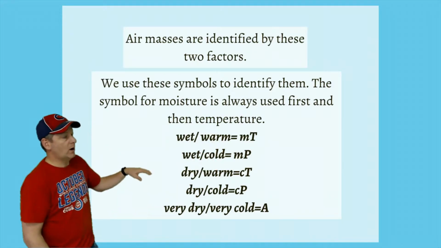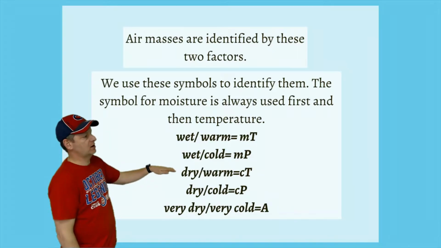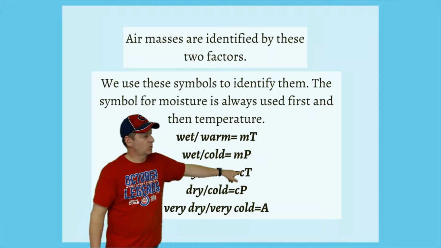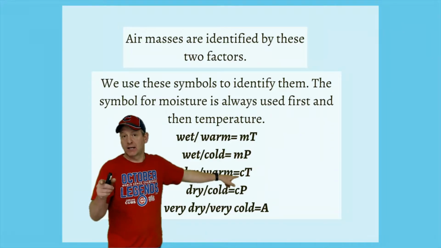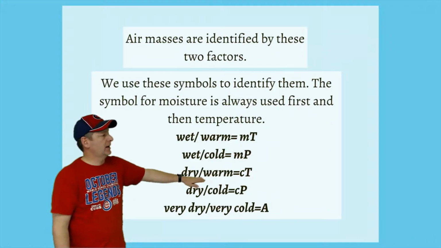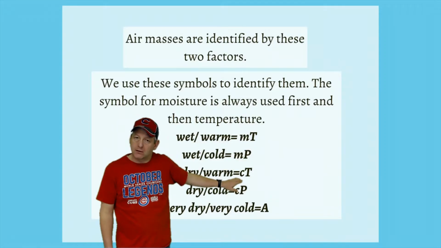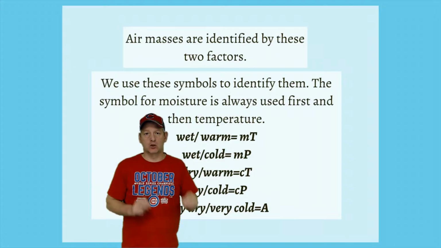Now, what if the air is dry? Well, then we're going to say, oh, well, it's dry. So we're going to use the symbol C, which means continental. All right. And then what if it's warm? Well, then we're going to use the word tropical or the capital T. So it's going to be continental tropical.